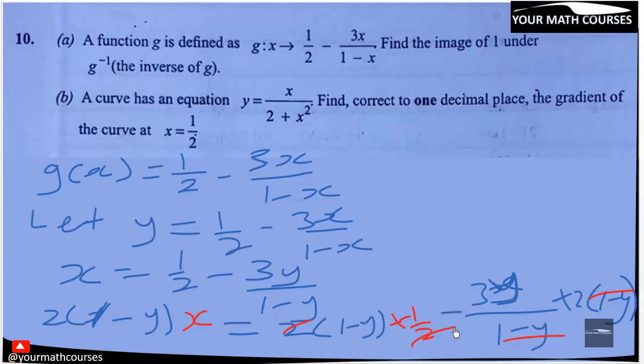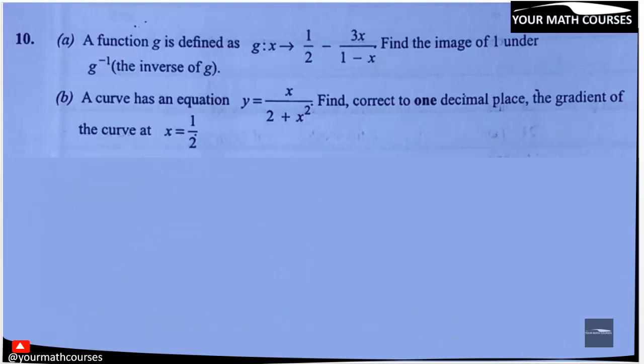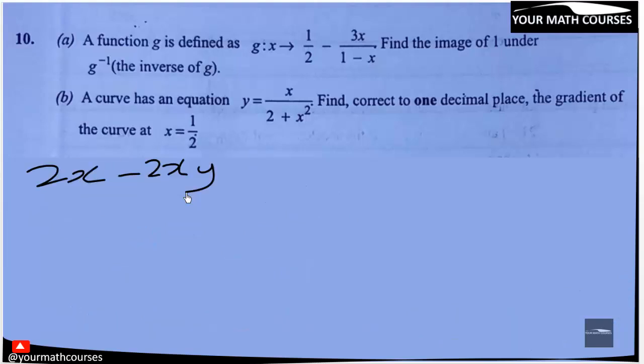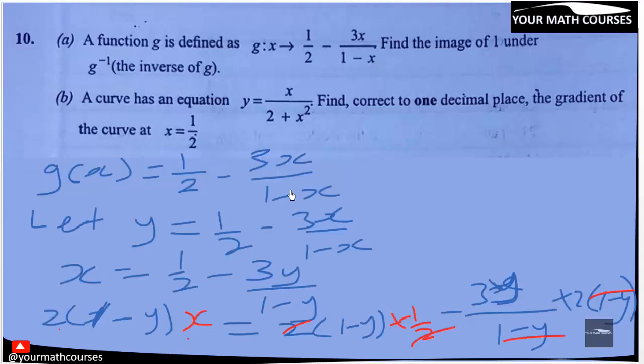So let's expand. We have 2x minus 2xy, then we will have 1 minus y here, then we will have 6y.